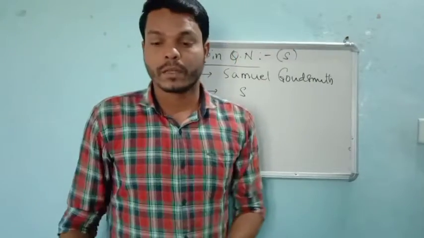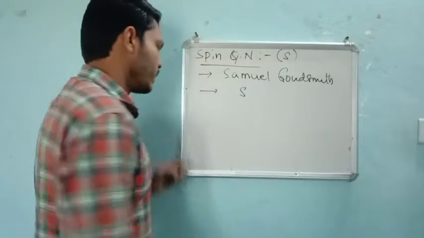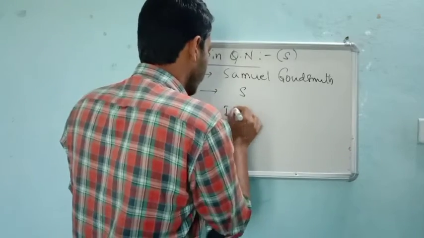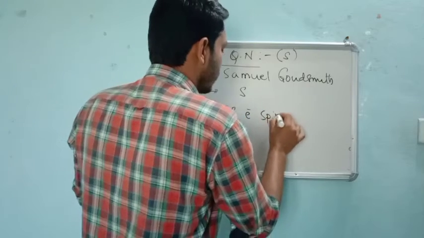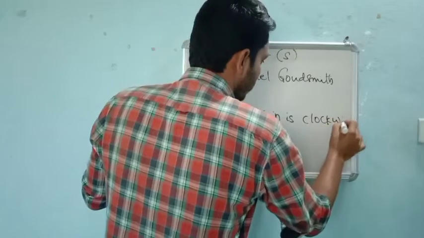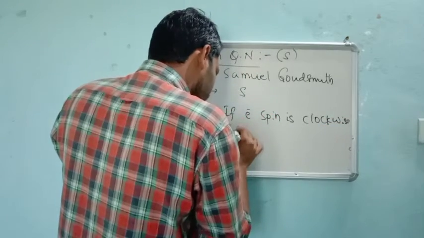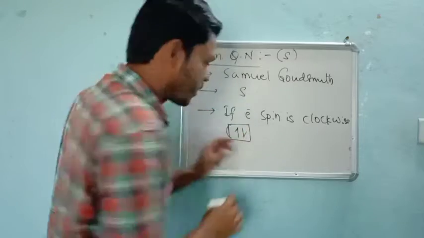If the electron spin is clockwise, clockwise means up direction. In an orbital, we always write the electron like this, right? Understood?